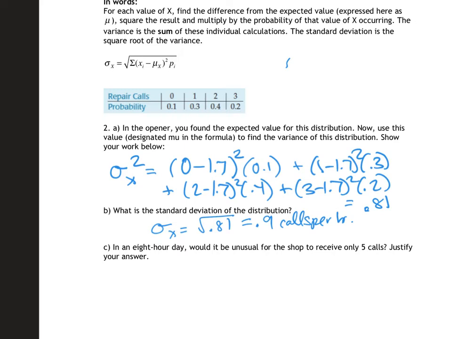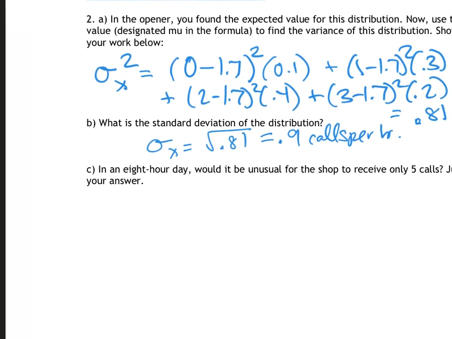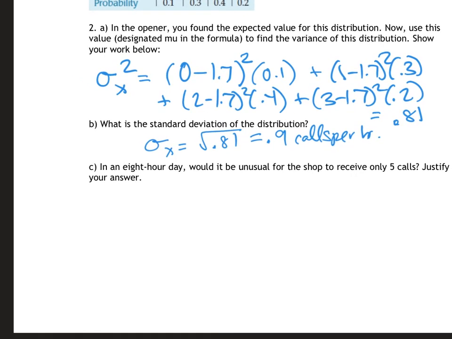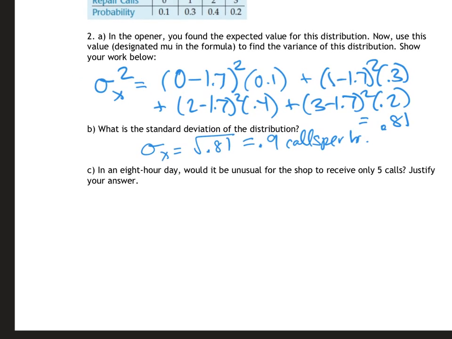All right, part C is a bit of an extension, and kind of for the AP folks to think about, the typical type of question they might ask. In an 8-hour day, would it be unusual for the shop to receive only 5 calls? Justify. We want to use the standard deviation and the expected value to see if this is unusual.